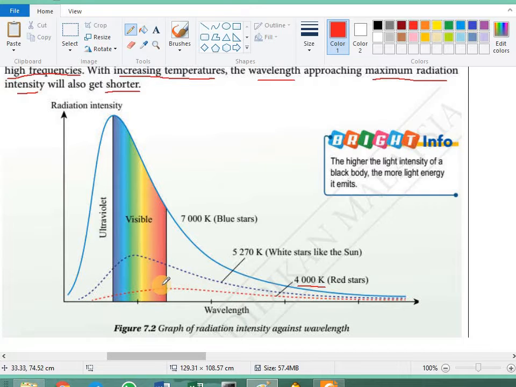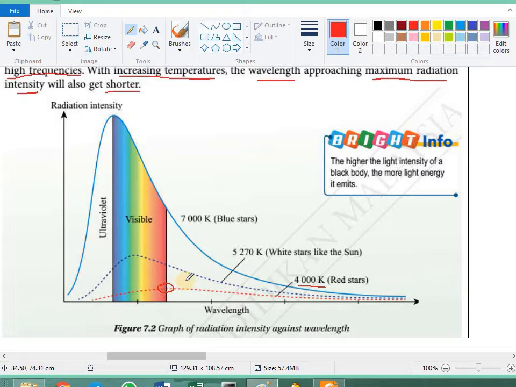So you see here, around here, this is red color. Red color light has a longer wavelength and lower frequency. So most of the energy goes to particles that oscillate at a lower frequency. So the radiation intensity will be the highest for red light.